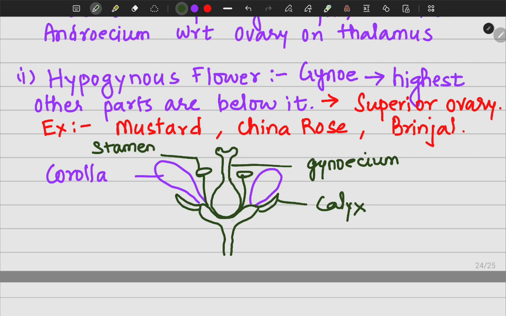So if we see here, the ovary is at the top while the other parts are below it. So this is how a hypogynous flower looks like, and the ovary in such flowers is called a superior ovary.